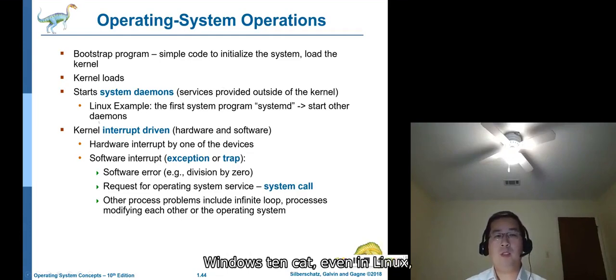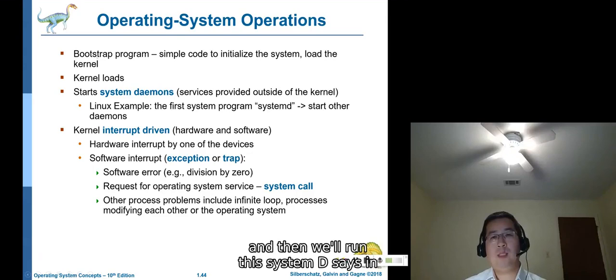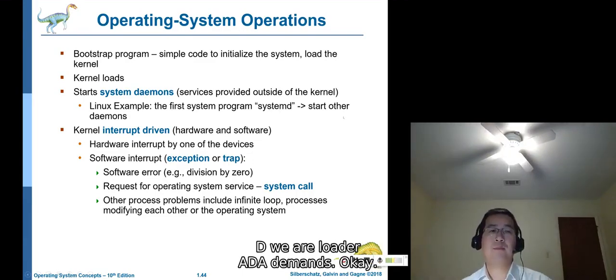If it's Linux, the first system program to be run after you load the kernel will be systemd. And then systemd will load other daemons. So that means we first run the bootstrap program, and then we run systemd. Systemd will load other daemons.